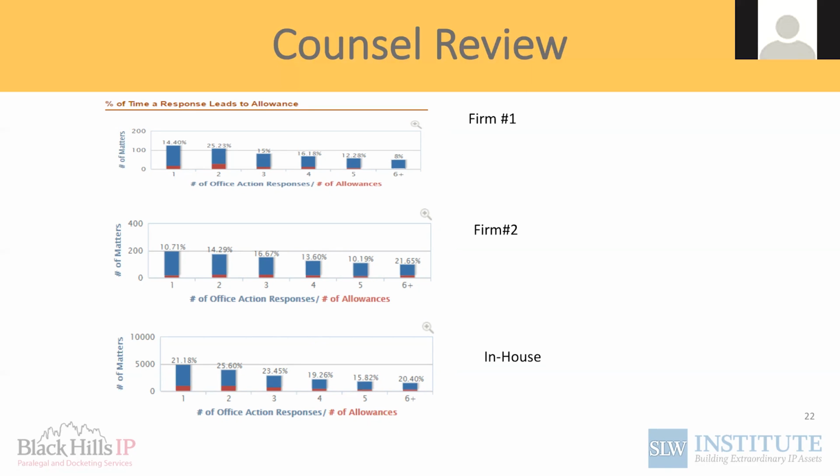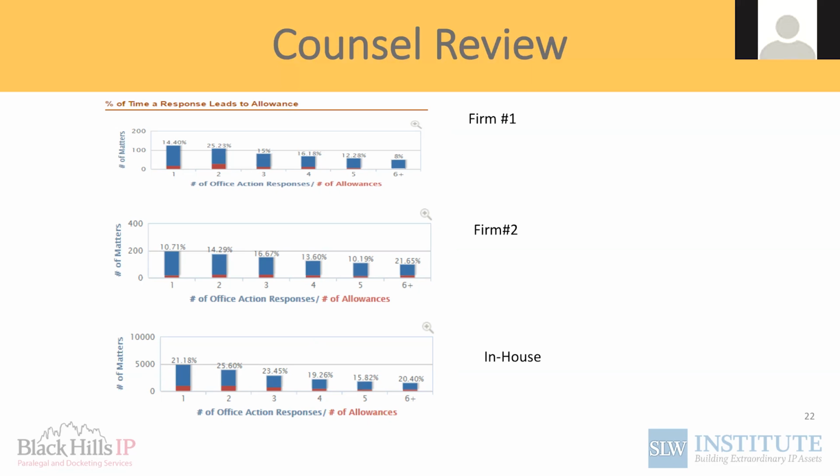It's kind of an ideal path to go. You don't have to go into an RCE. And so I like to see a larger percentage on the first and second; relatively, those are where they should be heavier.